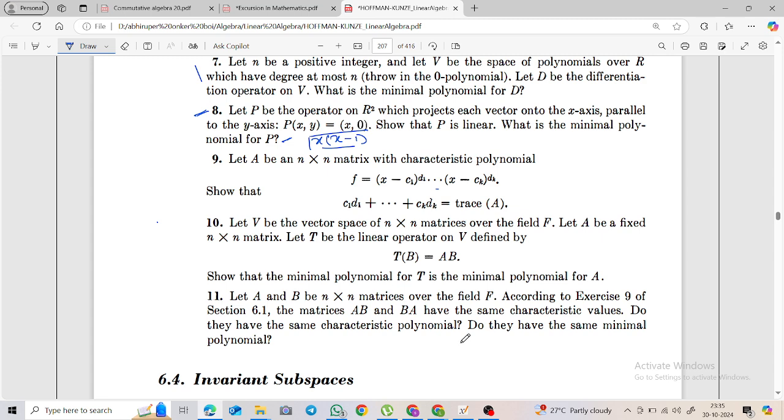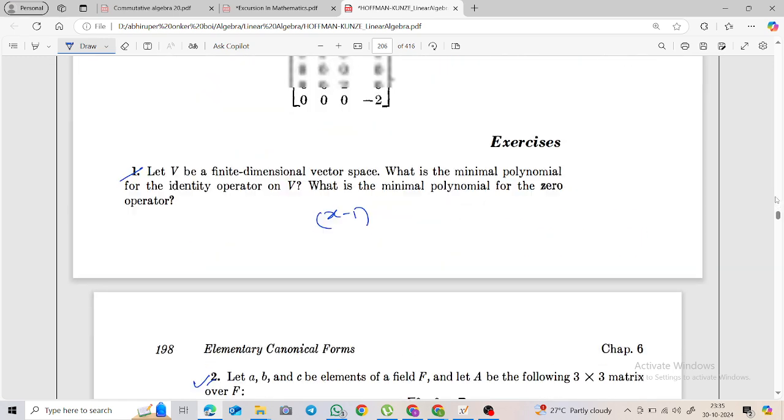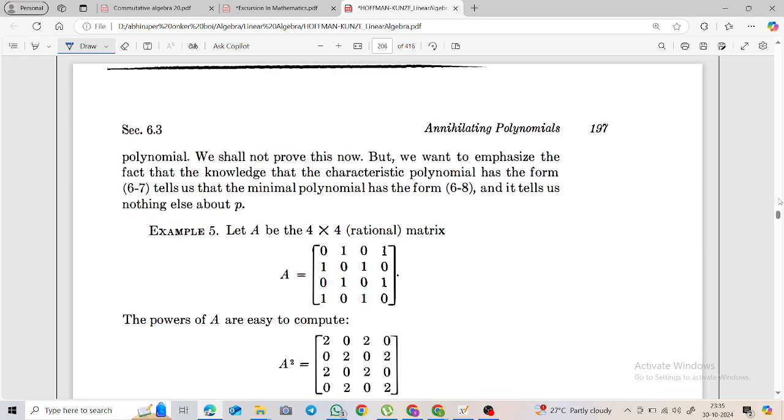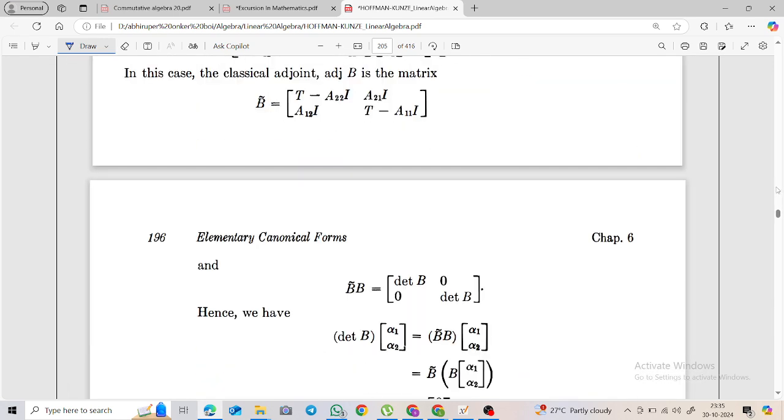Hello. See, this has a very big calculation as well. Let me know, I will send you the solutions. Like this is one of the problems, like the one we had in the last chapter.